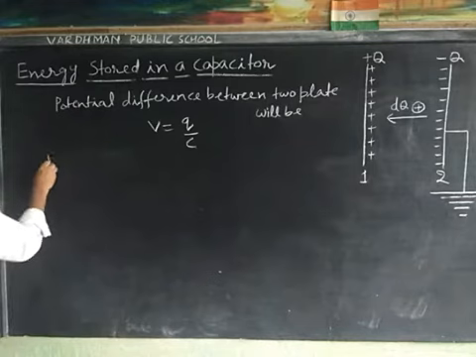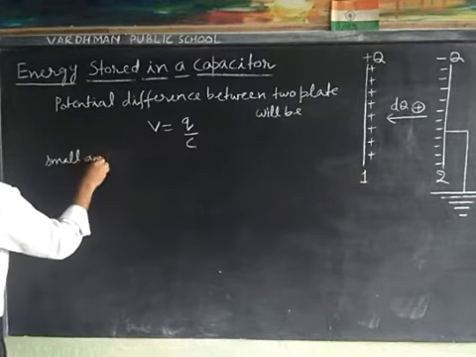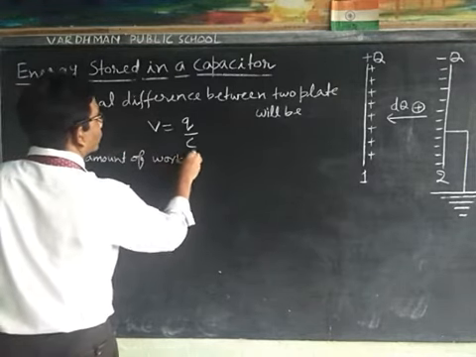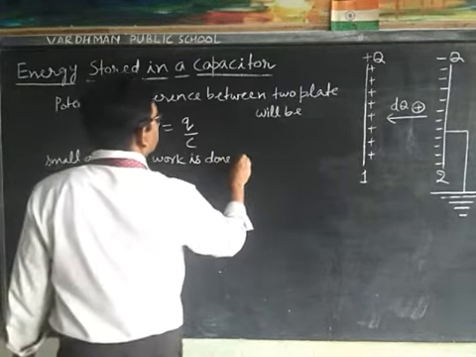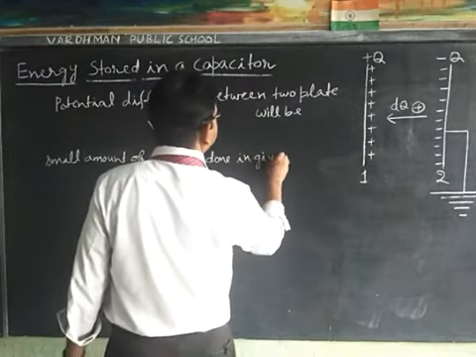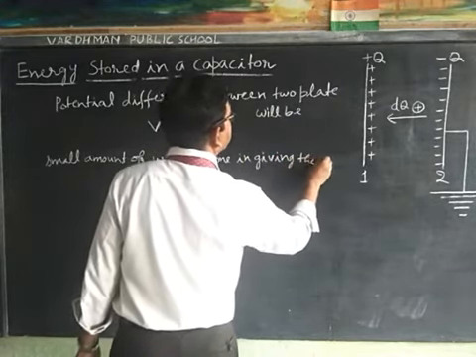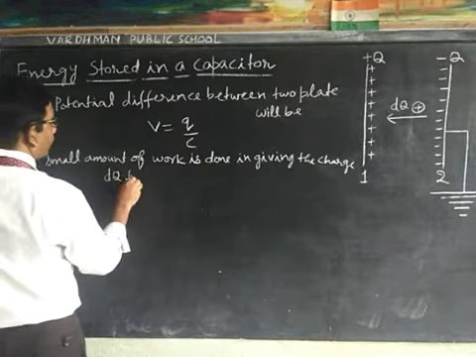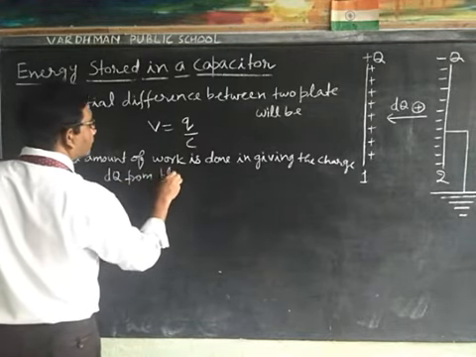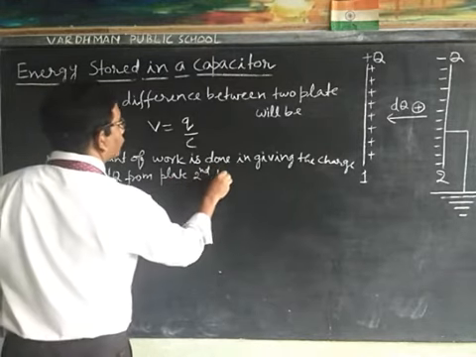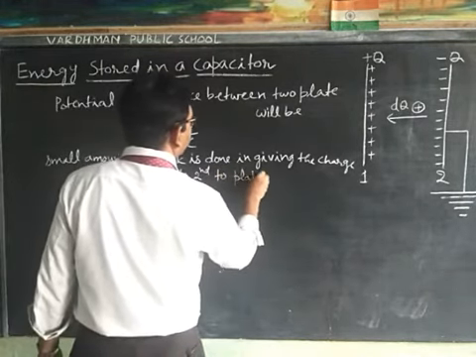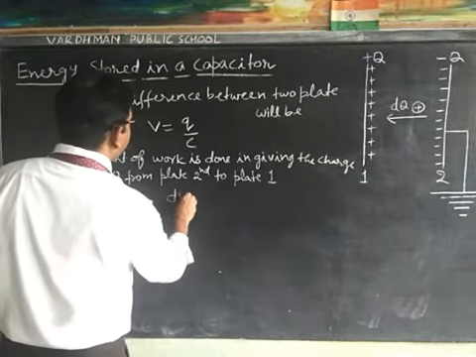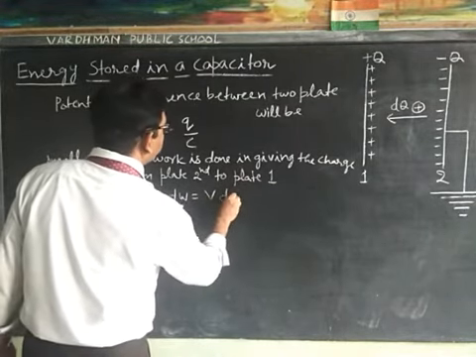Now we know the small amount of work dW is equal to V dQ.